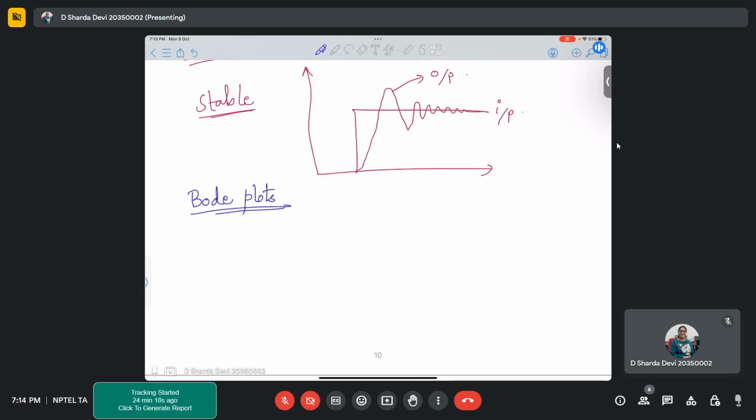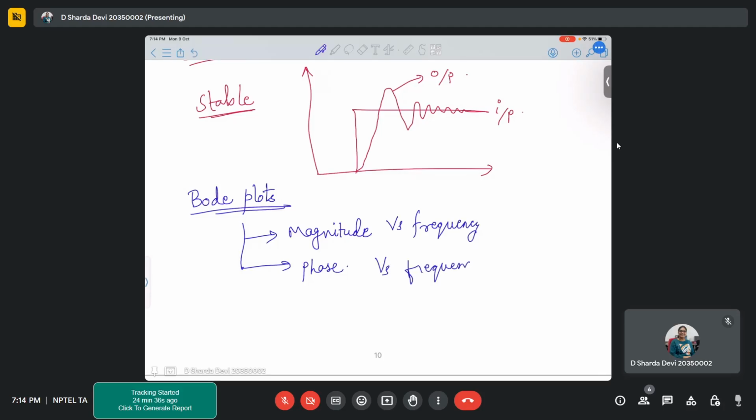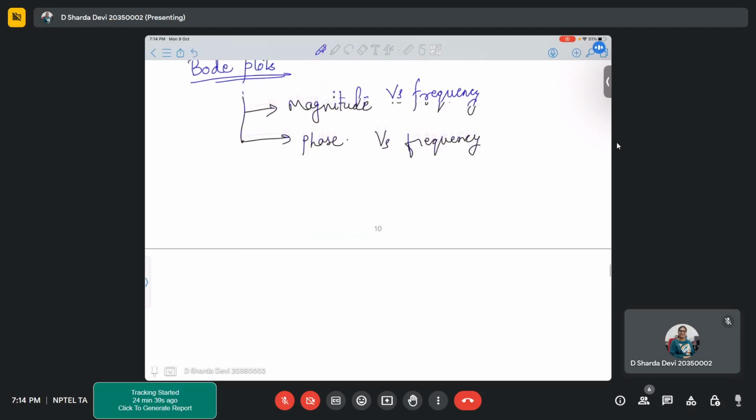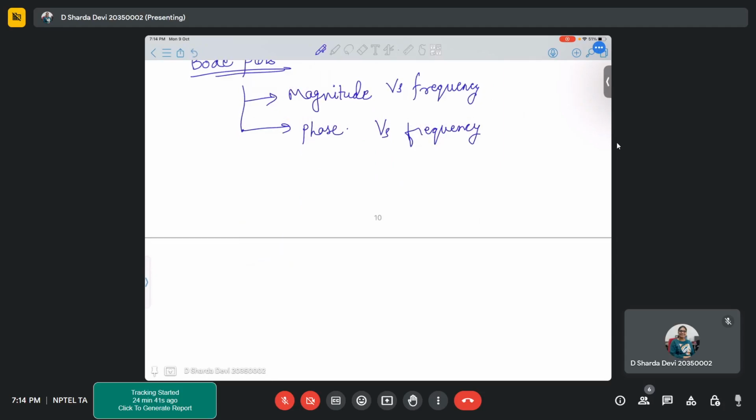There are two parts in a Bode plot. First, a magnitude plot and a phase plot. So it is magnitude versus frequency, and this is phase versus frequency. So you will have two plots. You know that you have a transfer function, H of s.